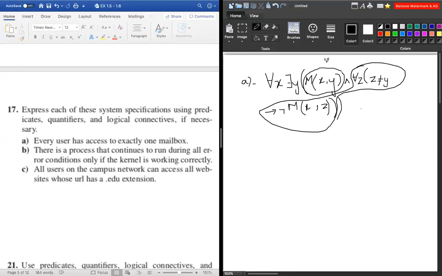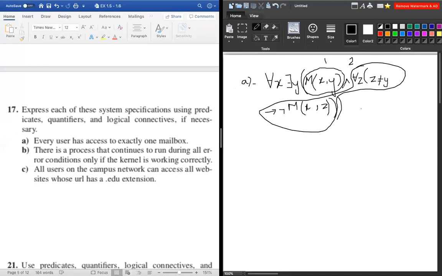Over here, this one means that the user has a mailbox, but we have to say that the user has access to only one mailbox, right?